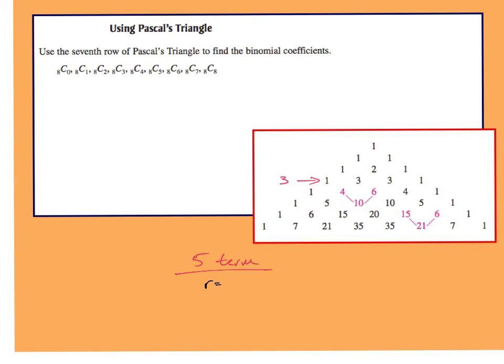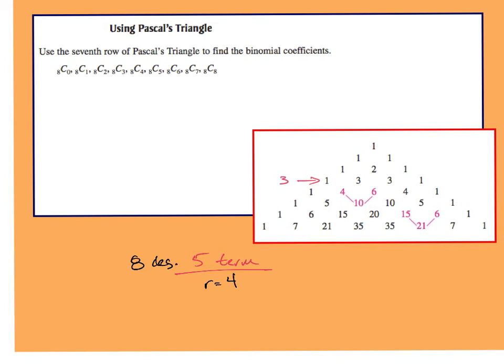If I want my 5th term and I have an 8th degree, what is my R of my 5th term? 4. Because why? We start out at 0. So that's kind of how we find these beginning coefficients of it.